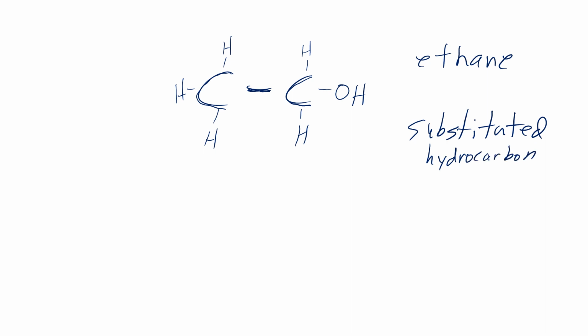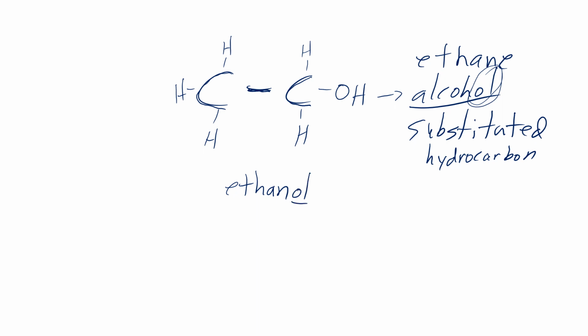Okay. In this, if we substitute an OH group in, we just made this thing an alcohol, okay? And notice the OL in the alcohol name. The formal name is ethanol, okay?